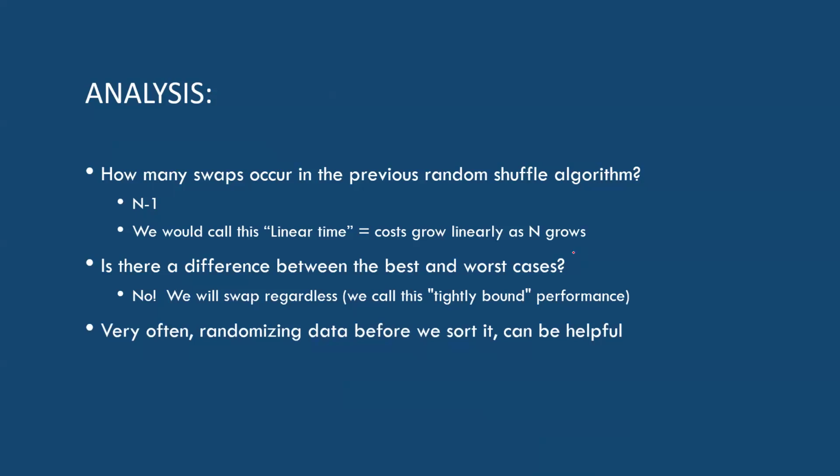So now, is there a difference between the best and the worst cases on this? So we are going to slowly start talking more about this phrase called tightly bound. So if the performance on the best day and the worst day based on the data, right? So was the data in order or was it random? Doesn't matter, right? The best case and the worst case are going to be linear, right?